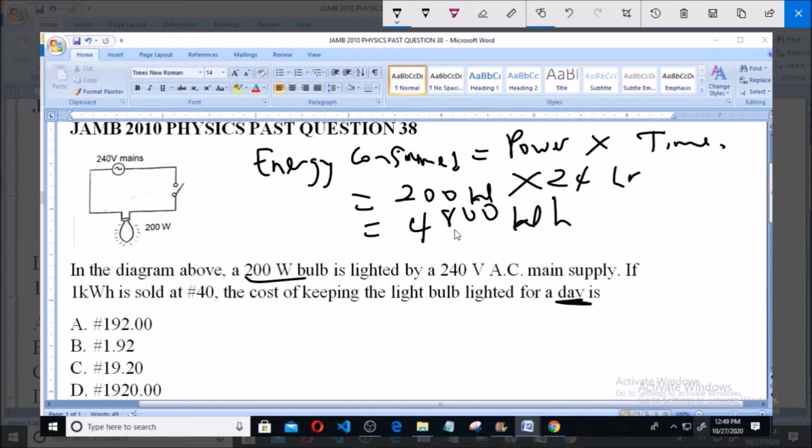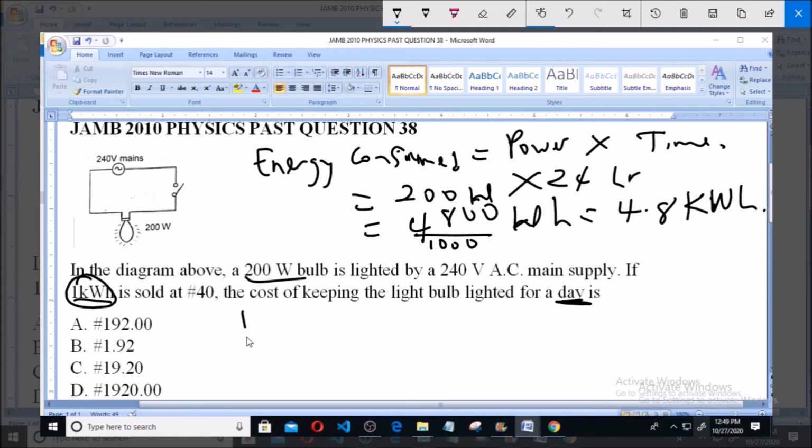Now to convert it to kilowatts, because we are going to be making the calculations using kilowatts per hour, we need to convert this to kilowatts per hour. So we divide that by 1,000, and that will be equal to 4.8 kilowatts per hour.